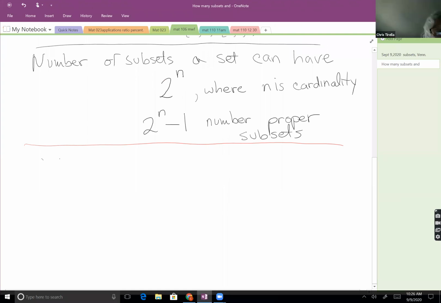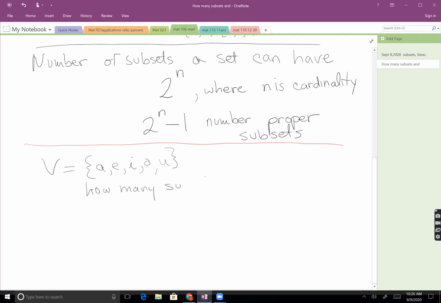Let's have B be the set A, E, I, O, U. And I want to know how many subsets does B have? And how many of them are proper?